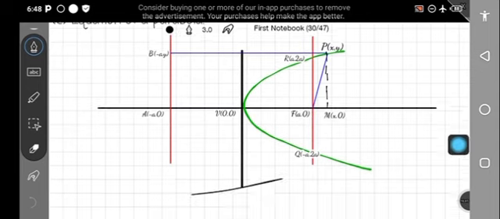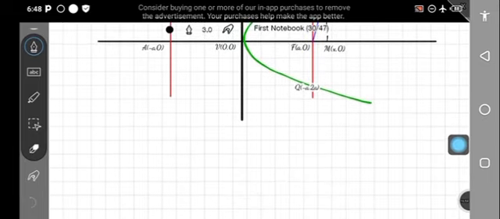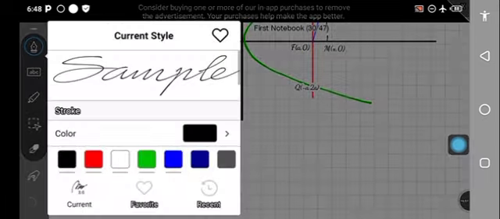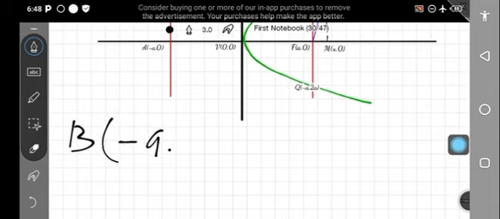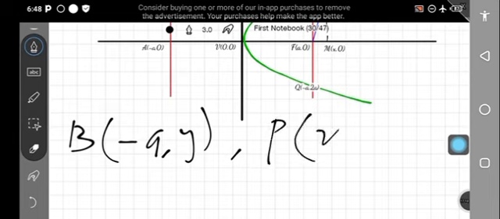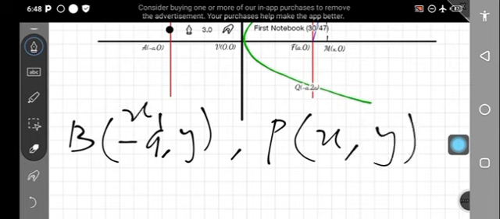Let's write out the coordinate of B and the coordinate of P. The coordinate of B is (-a, y), and the coordinate of P is (x, y). So this is x1, this is y1, this is x2, and this is y2.